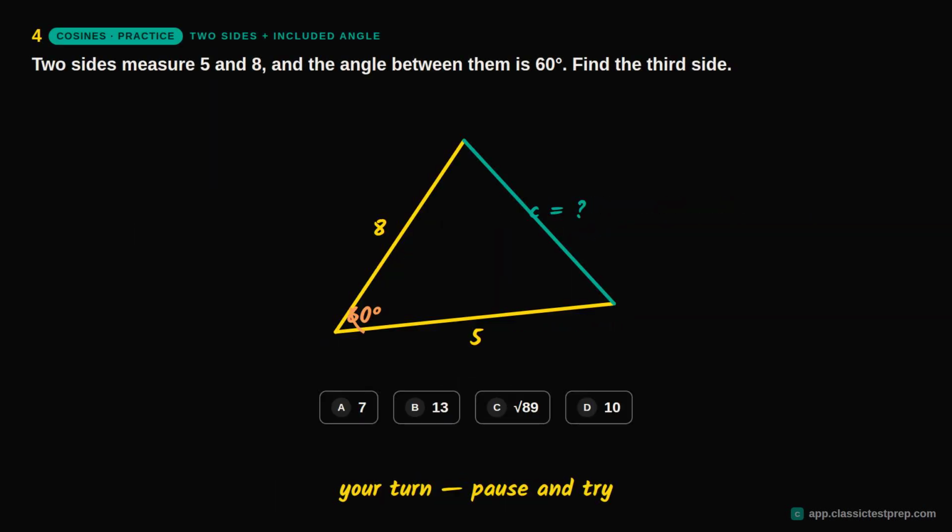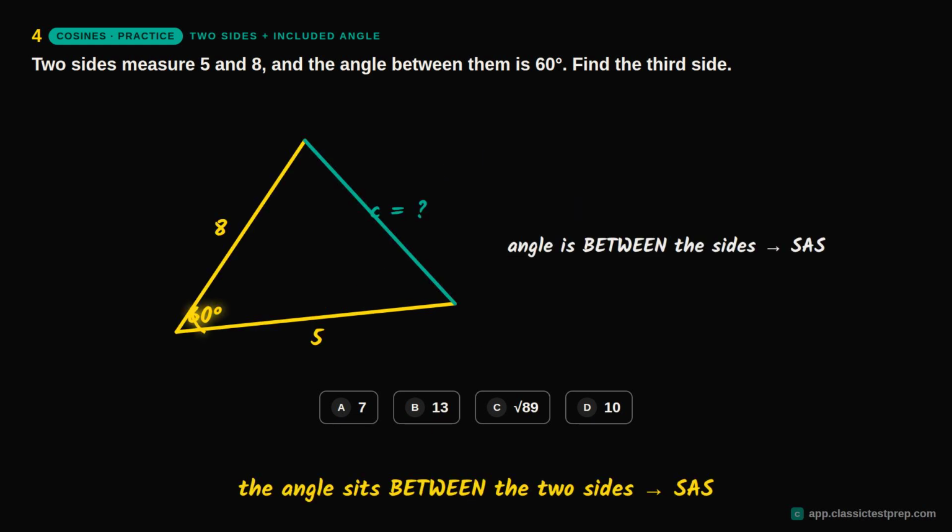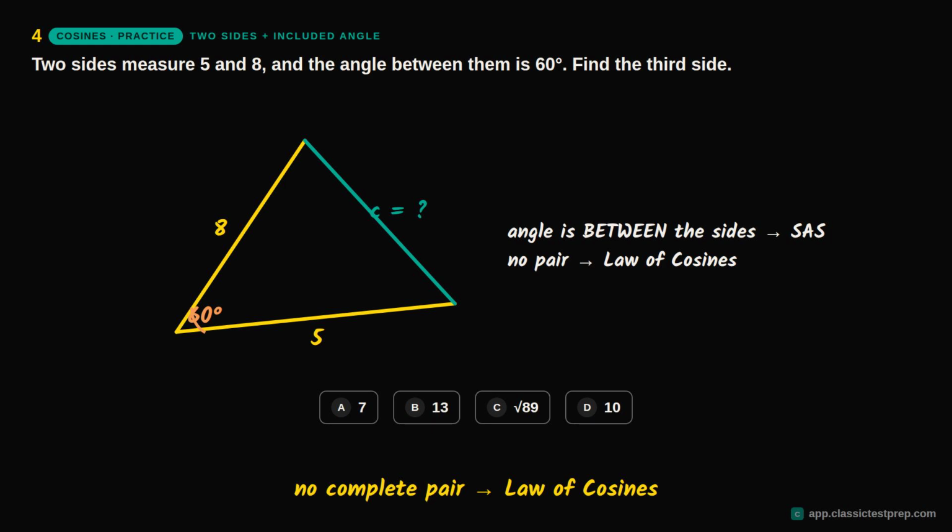Let's do another example. Pause this video and see if you can solve it before you watch my explanation. In a triangle, two sides measure 5 and 8, and the angle between them is 60 degrees. What is the length of the third side? All right, hopefully you paused this video and did the question. Notice that the two sides have the angle between them. That means we do not have the opposite sides from our angle, so we cannot use the law of sines.